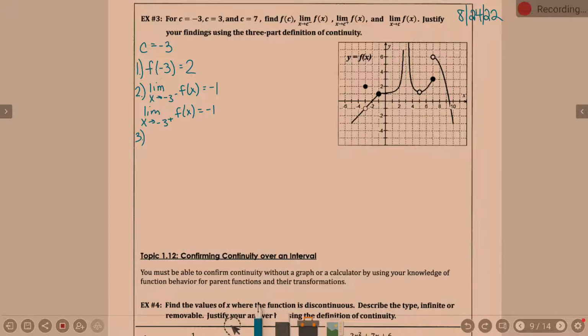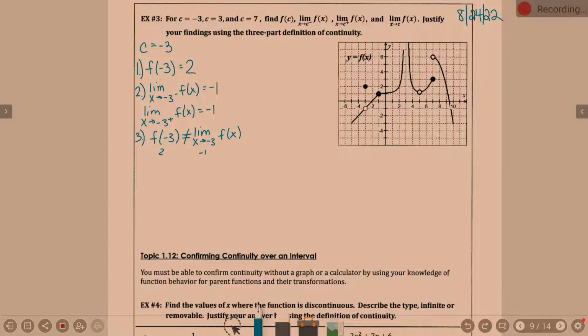I'm just trying to look back at notation and remember. What do we know about f of -3? It's 2. And what do we know about the limit as x approaches -3? That's a -1, right? That's a 2. So what do we know? These do not equal, do they? My point, f of -3, does not equal the limit.